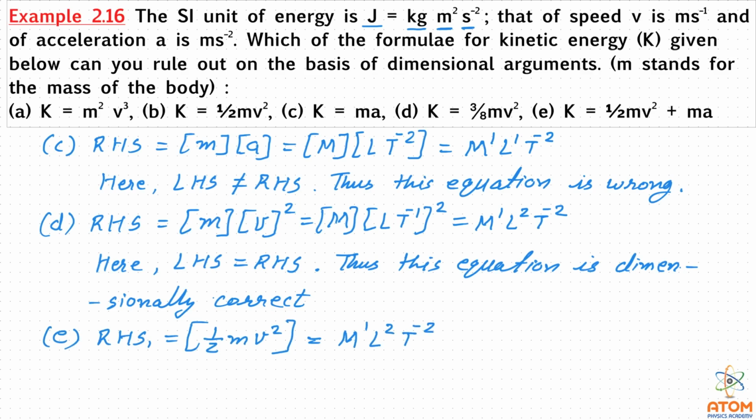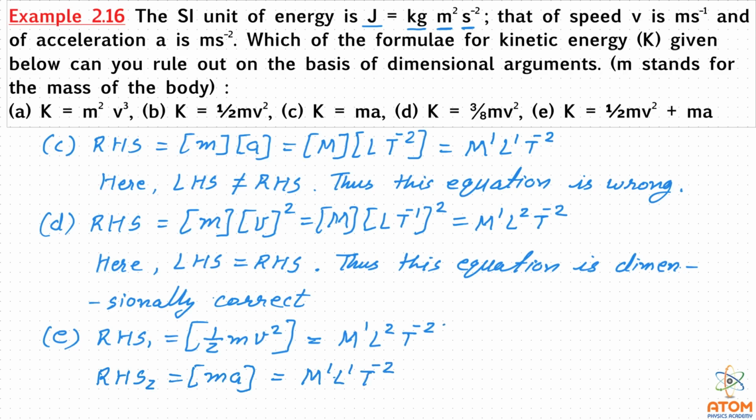This we already checked in the second equation. And the second term of right hand side is ma, which I'll put right hand side 2, that is the dimension formula of ma. That is also what we have sorted out in the third equation, and there the dimension formula was M1 L1 and T minus 2.